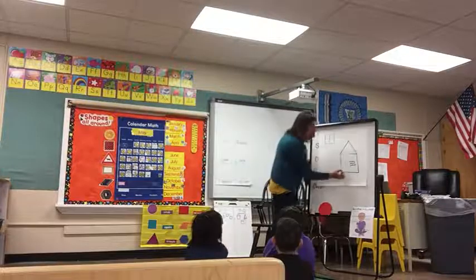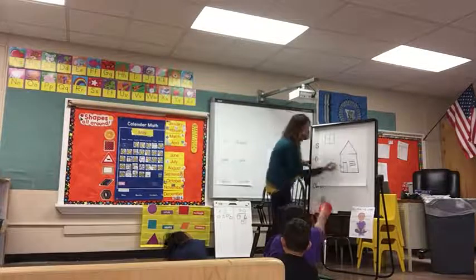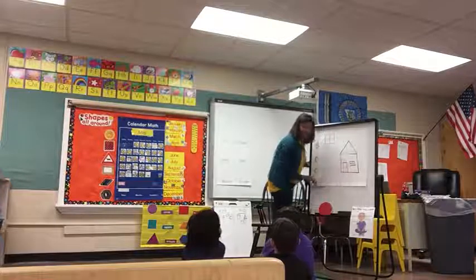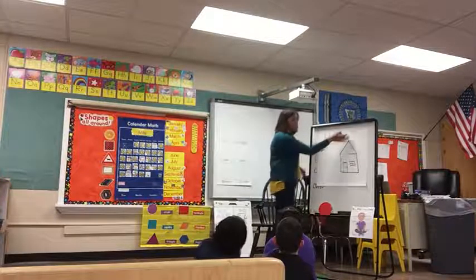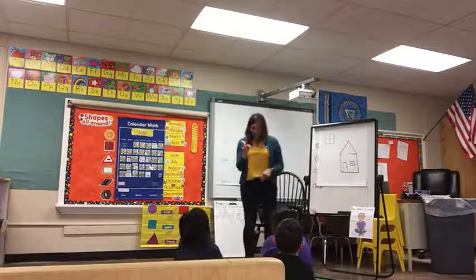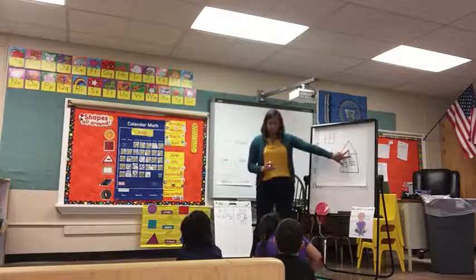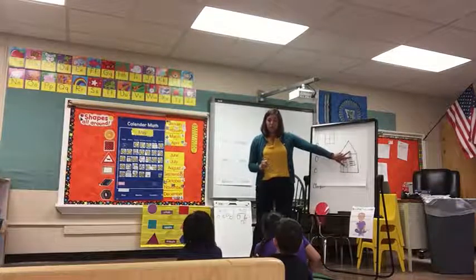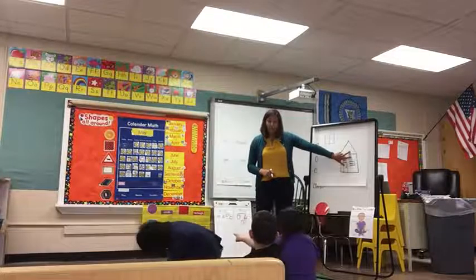And it has a rectangular door. Even the door has a circle-shaped doorknob. But we know this house is not flat, is it? This house is three-dimensional. It is made up of three-dimensional shapes. Those are the new shapes that we're going to learn today.